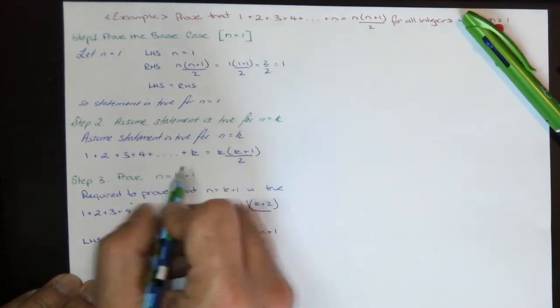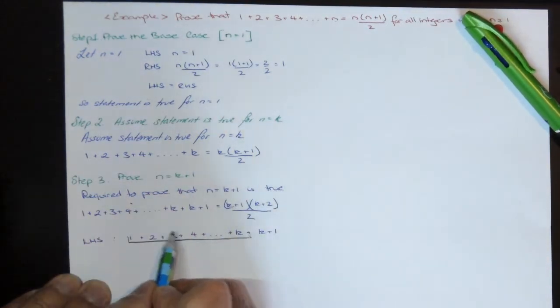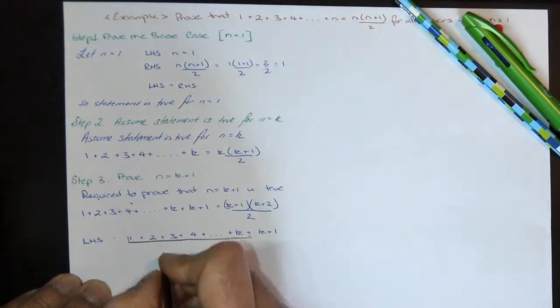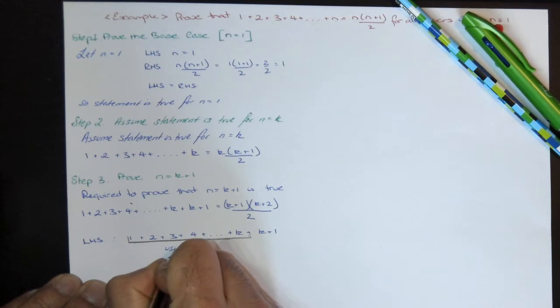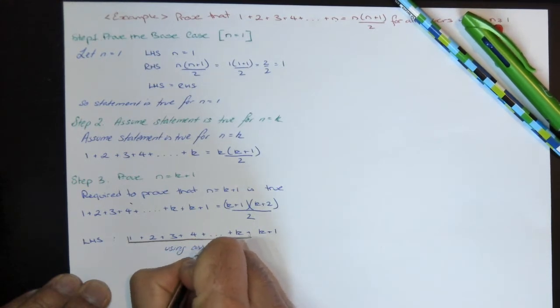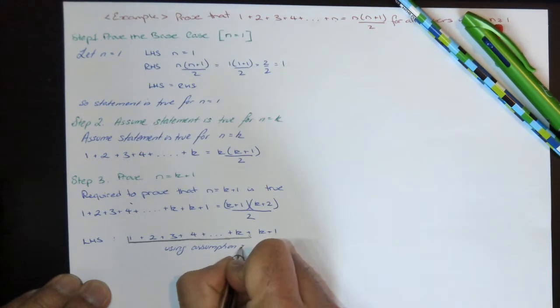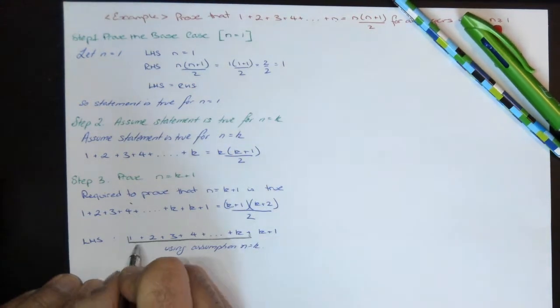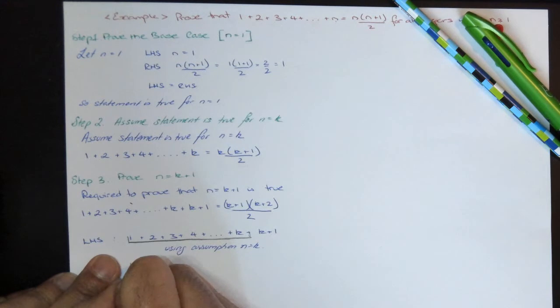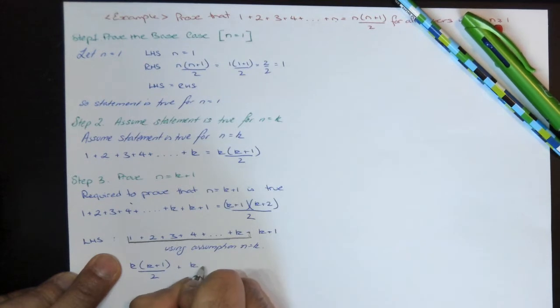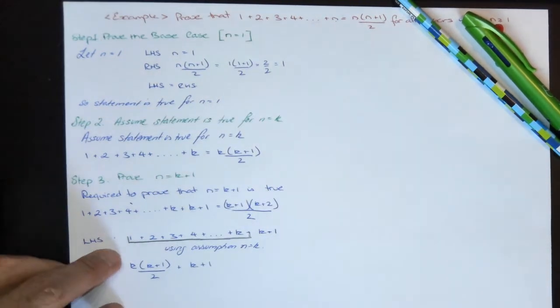Yeah, because this is the same here, and we're saying that it's that. So using our assumption, we can replace this with k plus 1 over 2, and we want to add it to k plus 1.